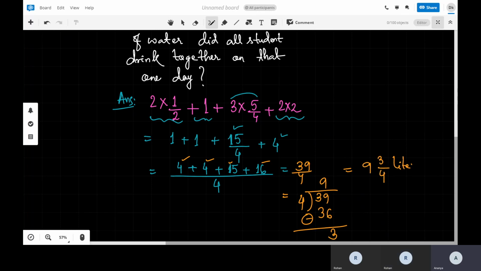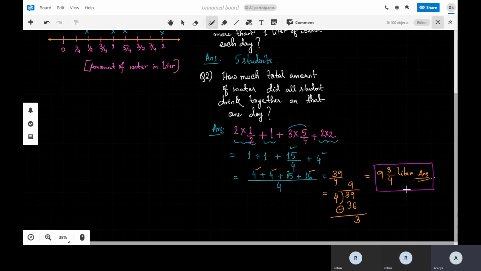Do not forget the unit, Rohan. The unit is liter, which is very important. So what do we see? We see that on that particular day, or rather each day, all the students together drink 9 whole 3/4 liter of water. Okay, got it? Is it clear? Yes.